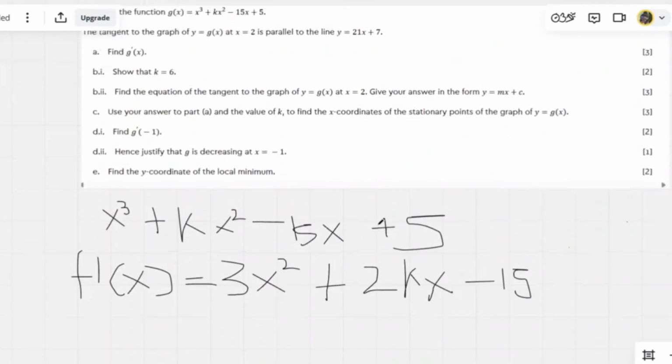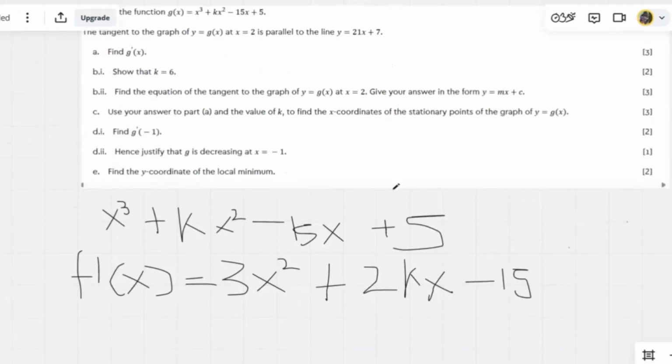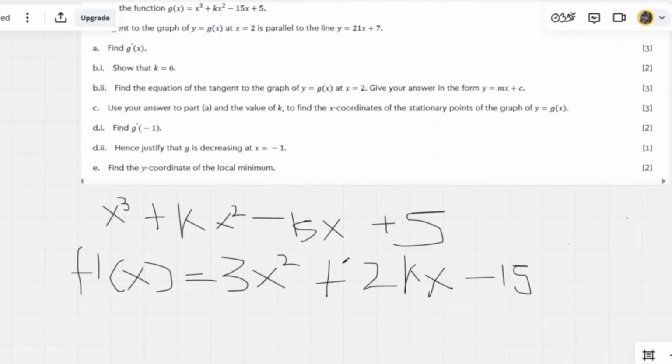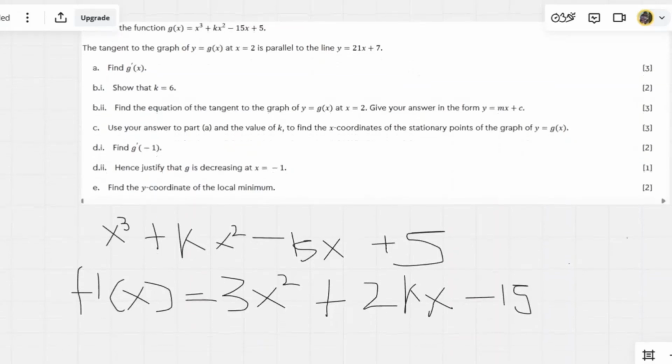And now for part B1, show that k equals 6. So the question gives us the tangent to the graph of y equals g of x at x equals 2 is parallel to the line y equals 21x plus 7. So we already have the differentiated function, and if it's going to be parallel to the line, then the gradient must be equal to the gradient of this line.